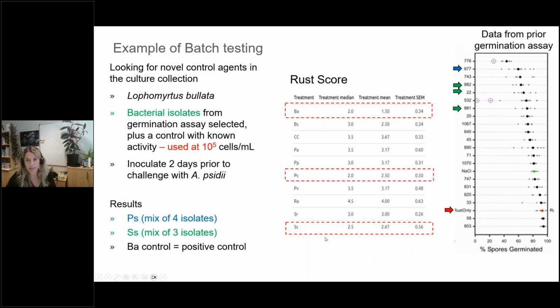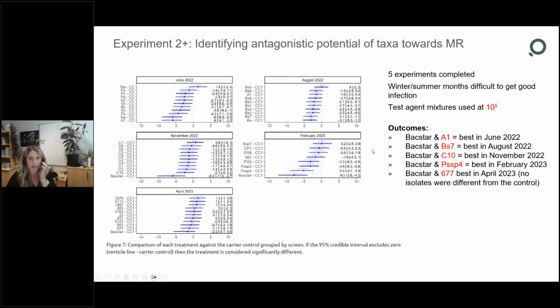So we went through batch testing for a large range of isolates, and we did 5 experiments on these. Each of these experiments represents batch testing of different microbial collections. We had varying success with our ability to cause infection, and we suspect that this is to do with temperature fluctuations in our glasshouse over the seasons.